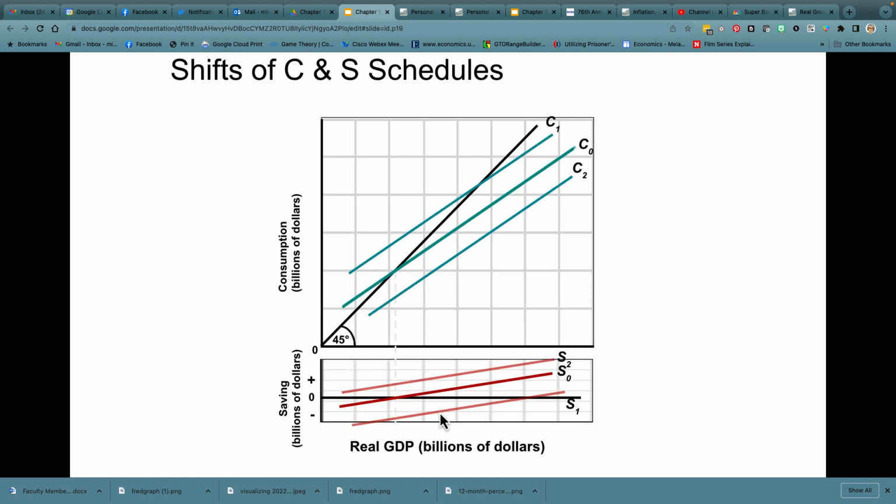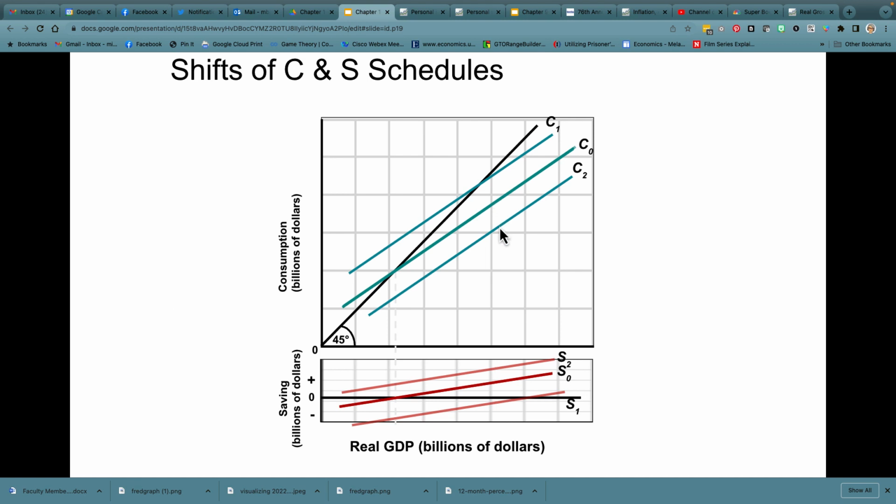All right, here's what we're talking about, and we're talking about the curves shifting, okay? So this would be caused by one of those non-income determinants. So if we start here at C sub 0 and let's say our wealth increases, we feel wealthier, then the consumption schedule shifts upward. But if we feel less wealthy, let's say we've had a stock market crash, then the consumption schedule would shift down to C2.